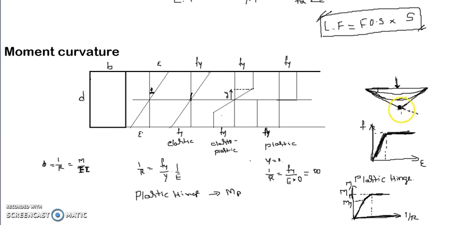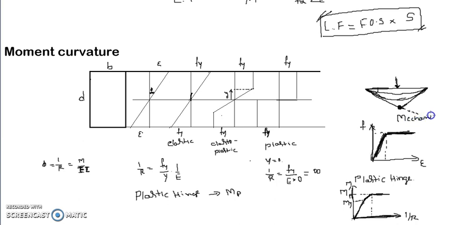Once the plastic hinge has been formed, it is going to just rotate and behave like a hinge. At the hinge there will be a lot of rotation. That point is what we call the collapse taking place. If you increase the load in such a way that the bending moment at this point is more than the plastic capacity of the section, it will just collapse. That is, a mechanism will take place.